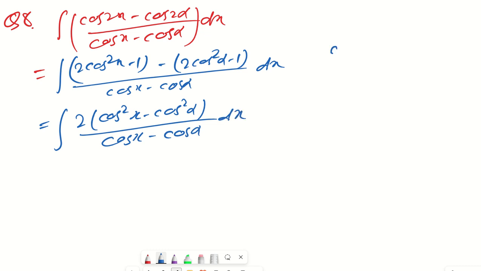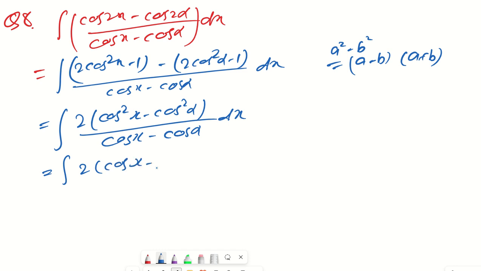And you know already a square minus b square is (a minus b) into (a plus b). So a minus b is nothing but cos x minus cos alpha. So one of the terms will get cancelled. So we will be left with integration of 2 times (cos x minus cos alpha) dx. Now it is very easy.